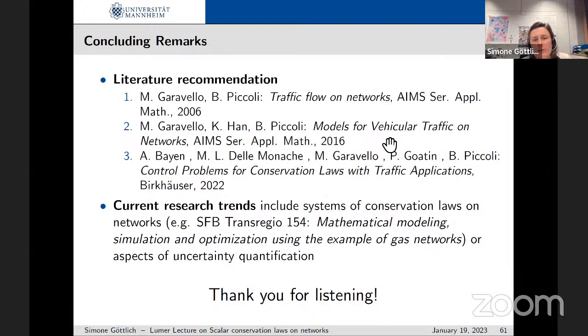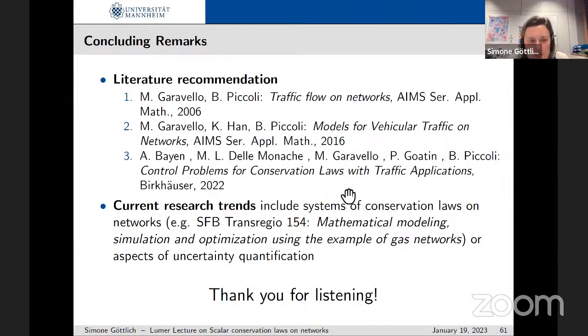And now, very recently, there's another textbook by Alex Bayen, Maria Laura Delle Monache, Mauro Garavello, Paola Goatin, and Benedetto Piccoli, where in particular the arising control problems, I just gave you a picture, are discussed in the case of traffic flow applications. So you may think of what are current research trends.